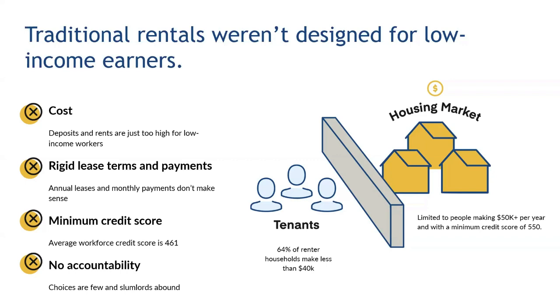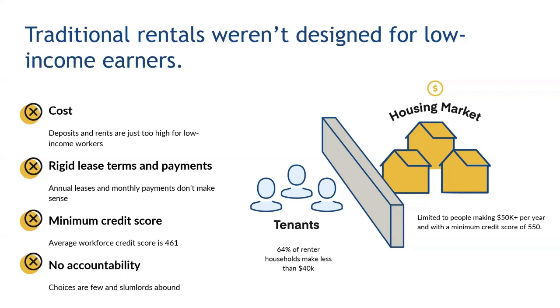What this option does is create a solution for that segment of the market. 64% of renter households make less than 40,000 a year, and a lot of the housing requirements are only for people making 50,000 or more, or with a minimum credit score of 550 or higher.